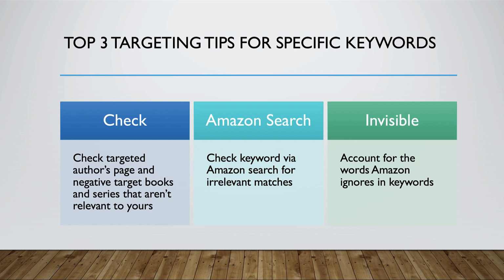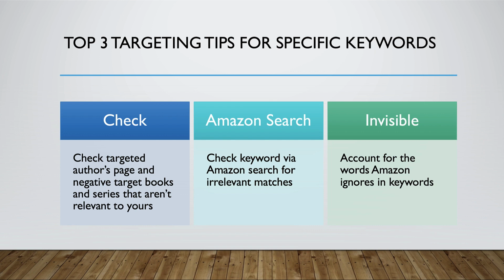This is another fun one. Invisible terms. These are the ones that Amazon ignores. And you probably know some of them: the, a, and. But they also ignore some interesting ones like will, for, my. I have a list.